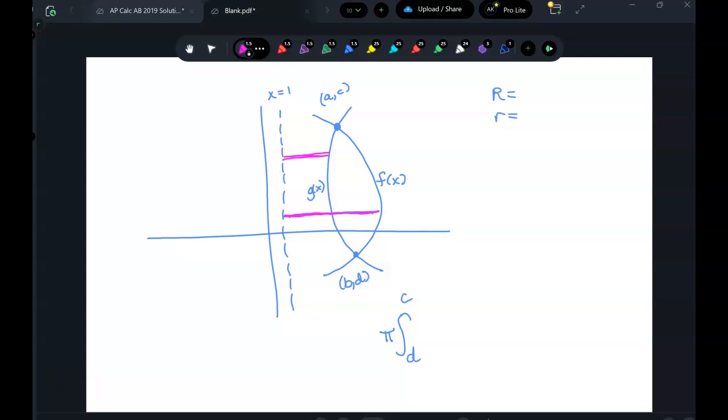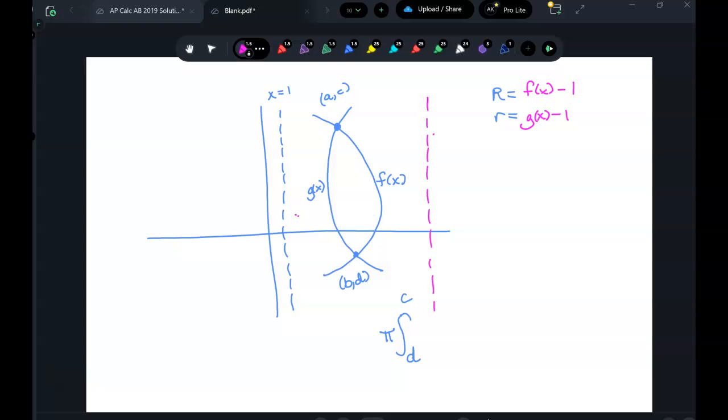What's big R? The f of x one. It's f of x minus 1, right? And then g of x minus 1. Big R is the furthest one. Why is it minus?